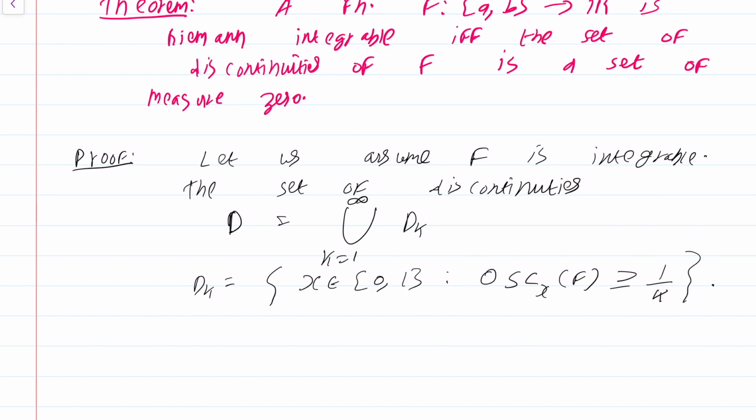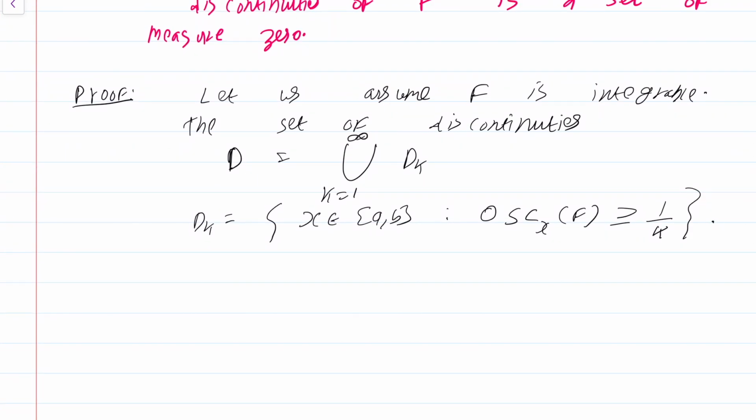Look at the set of points where the oscillation is greater than or equal to 1 by k. Call that set Dk. D naturally decomposes as the union of the various Dk's.